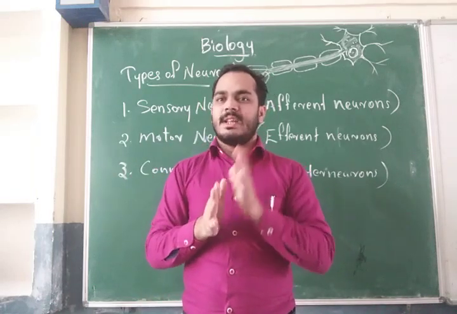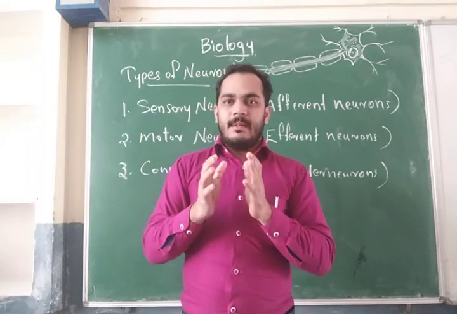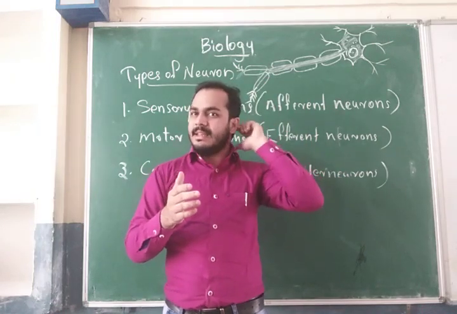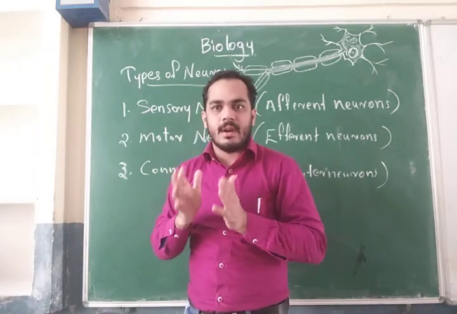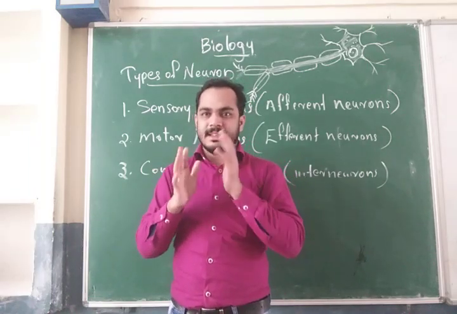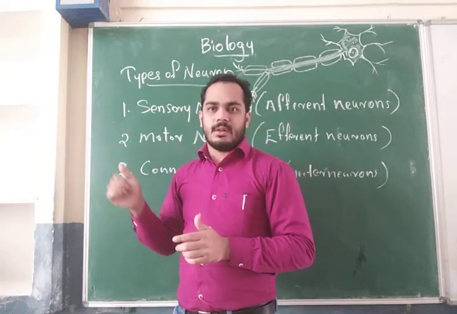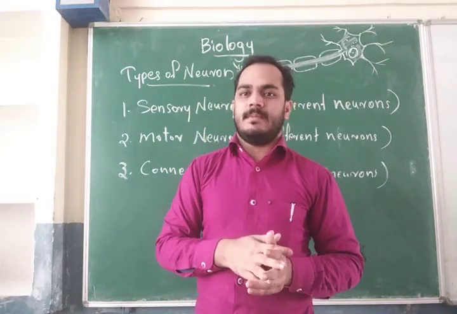This information is given by our brain: the brain sends the message that the water is hot, which is not good for our health, for the finger, meaning the skin. That's why we move away from the water. So that's the main function of motor neurons.